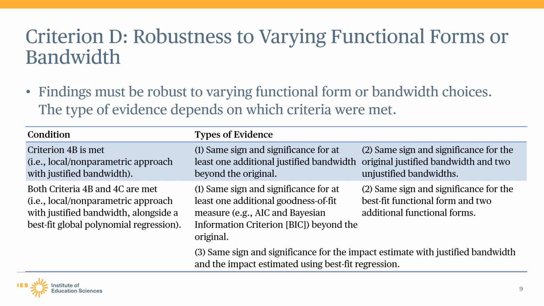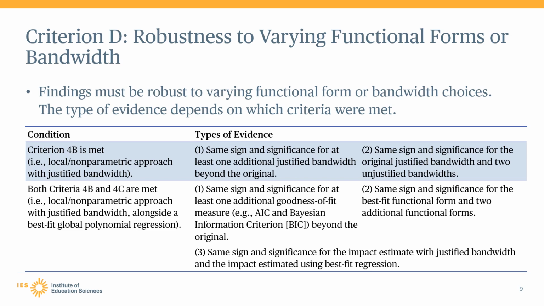Again, this is generally the preferred analytic approach for an RDD because it better ensures an appropriate functional form specification of the outcome-forcing variable relationship. In this scenario, when RDD criterion 4B is met, a study can satisfy 4D in one of two ways.